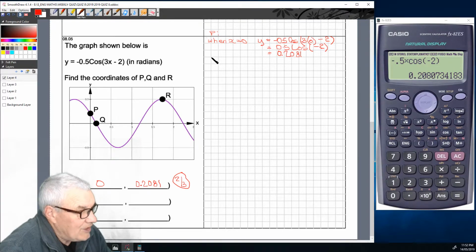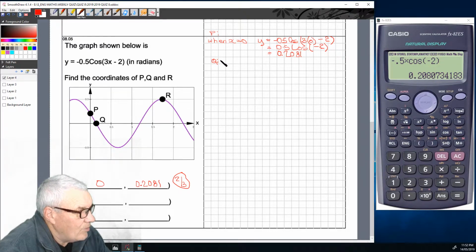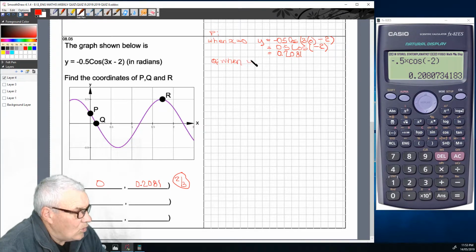P, now next we've got Q. So we're going to do Q. And that there, of course, is when y equals 0. So when y equals 0.